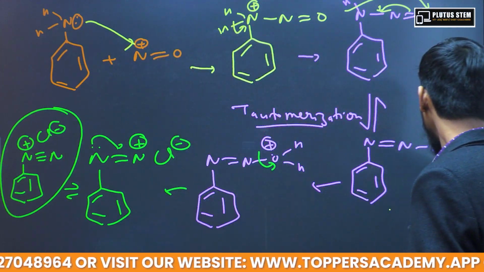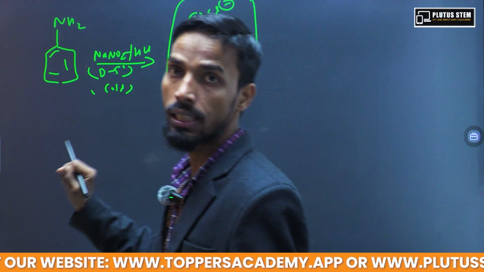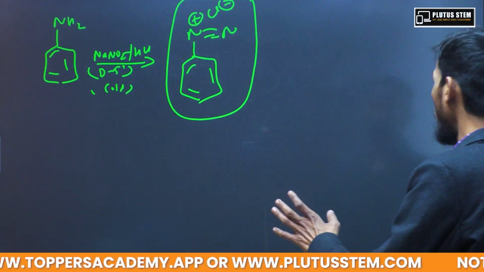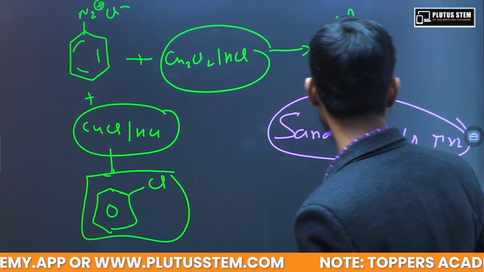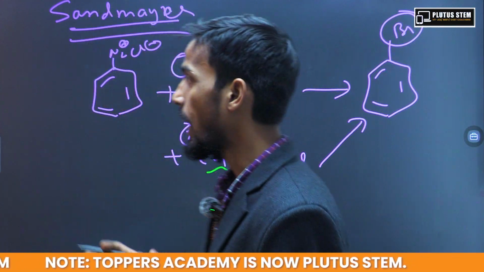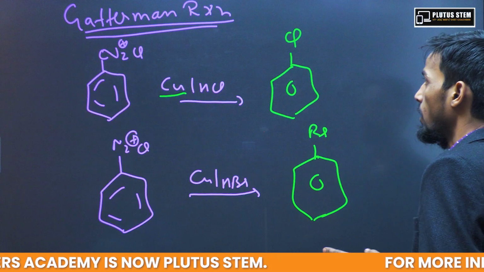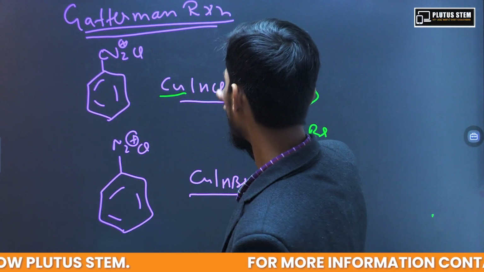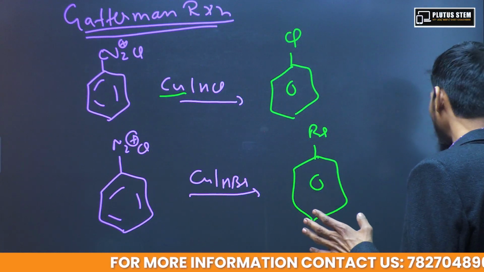This diazonium salt, when reacted with different reagents, gives different products, and they are named after different scientists, such as Sandmeyer and Gattermann. So the reagents are different. Copper with HCl and copper with HBr is known as Gattermann.